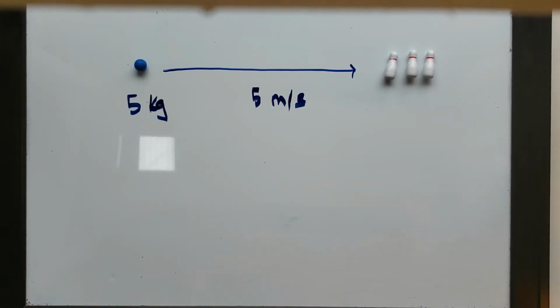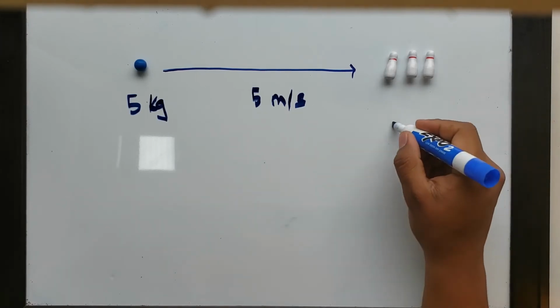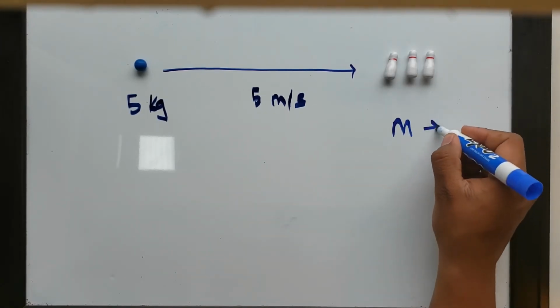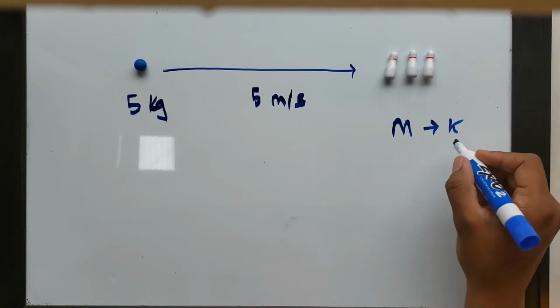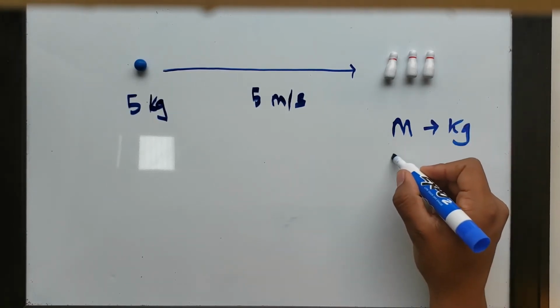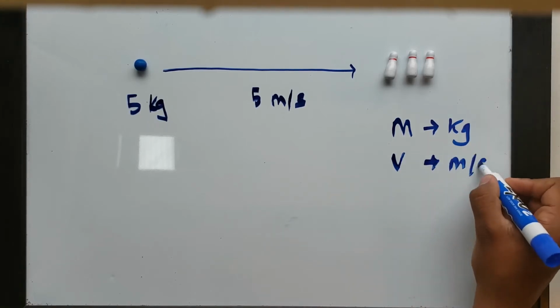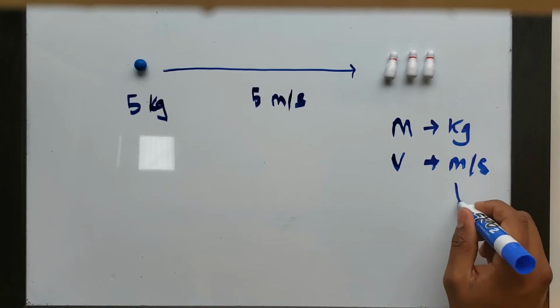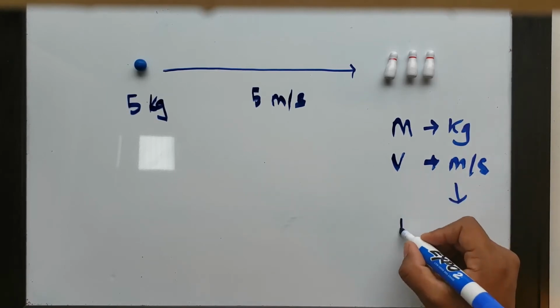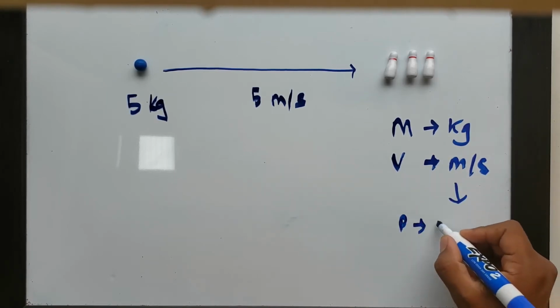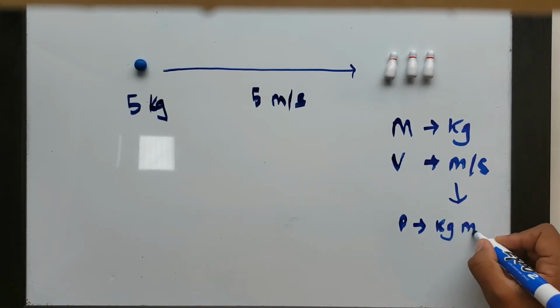When calculating momentum, we need to make sure that our mass is in kilograms and our velocity is in meters per second, thus giving us momentum in kilograms meters per second.